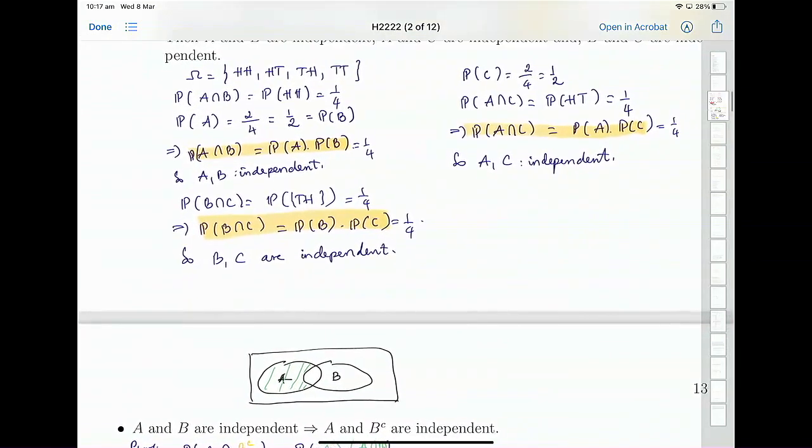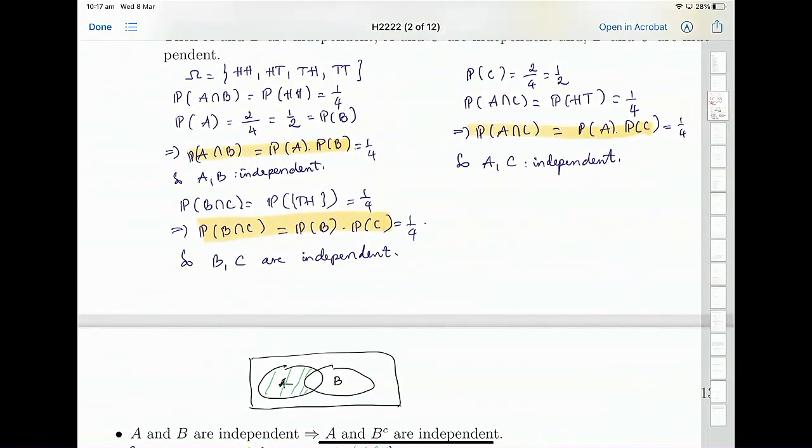Then we have a property of independence. If A and B are independent, then A and the complement of B are also independent.